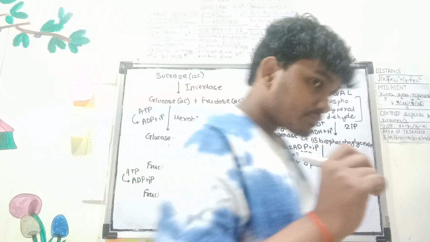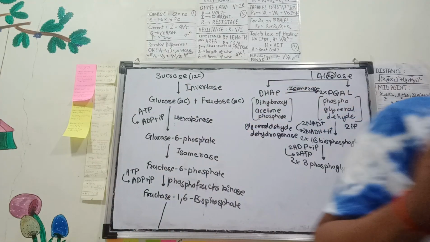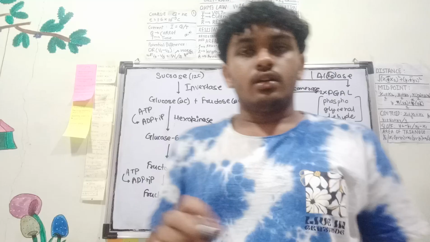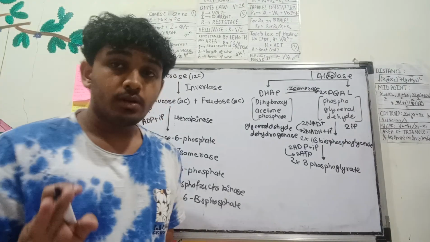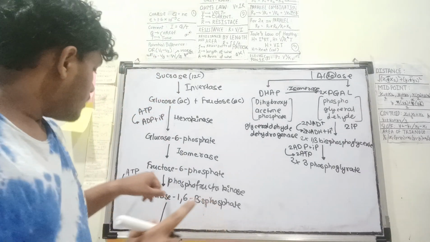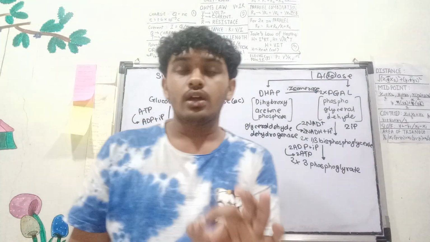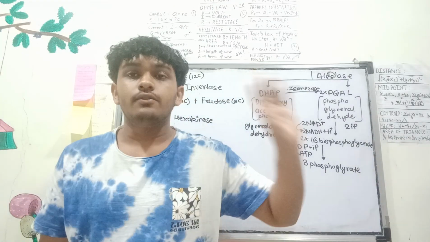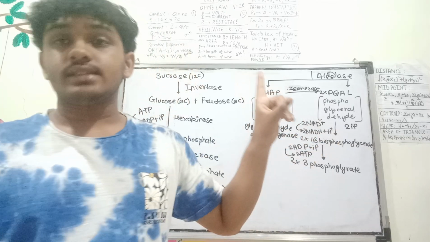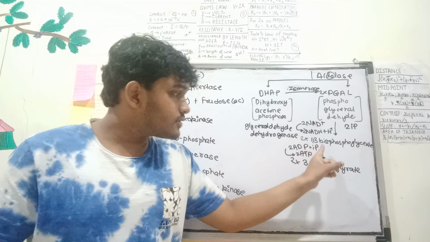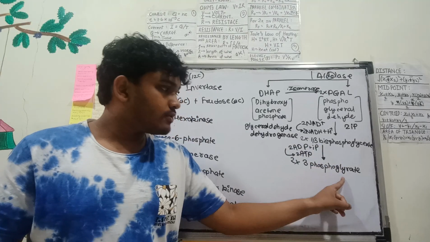Now, wait a second. Remember my first trick that I told you. Whenever ATP is involved at the substrate level, we use kinase at the end of the enzyme, and whenever ATP comes, we use the name of the product.